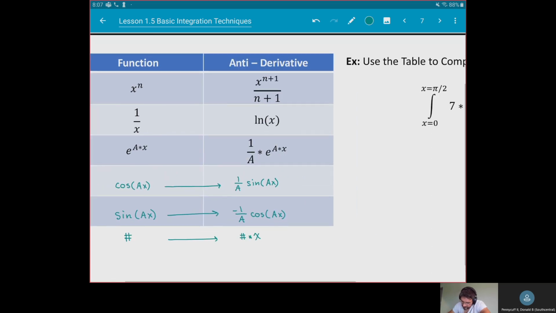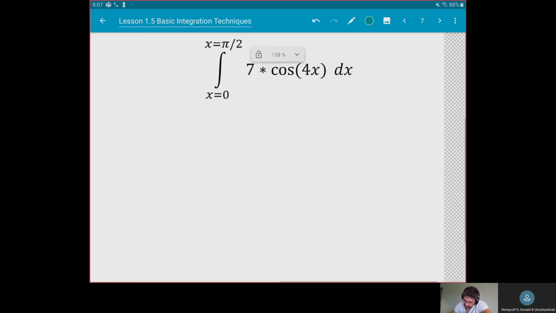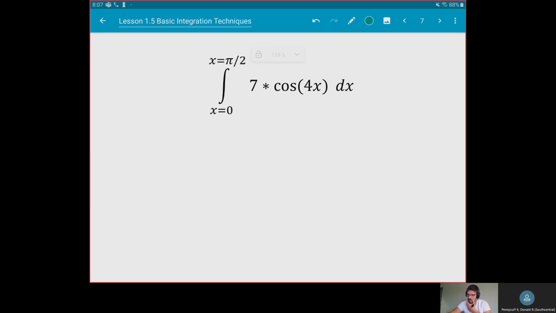Okay, so let's look at this. There's one rule about this that I do want to go over because we really need this to match. What I have is the integral of cosine of AX dx is equal to 1 over A sine AX.